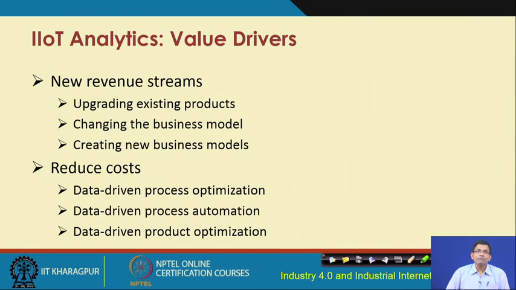So, these are all valuable for doing different stuff in different business and industrial settings. Analytics is also valuable for reducing the cost, for data driven process optimization, for process automation, and for product optimization. For everything we need different suitable analytical techniques to be implemented.